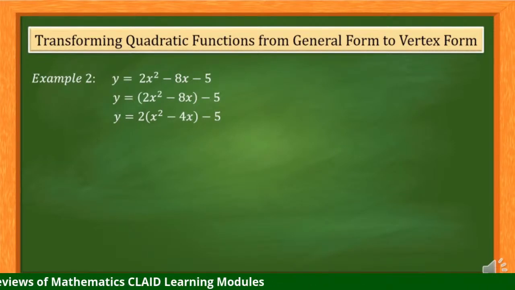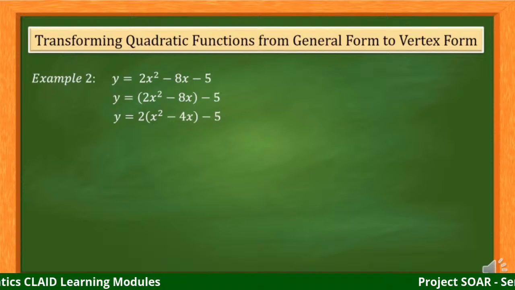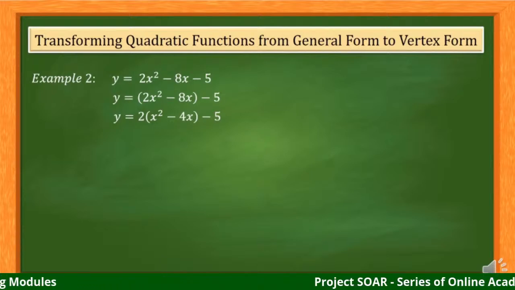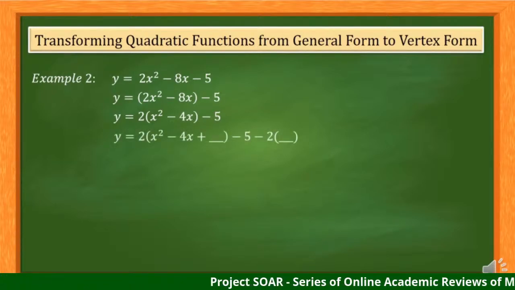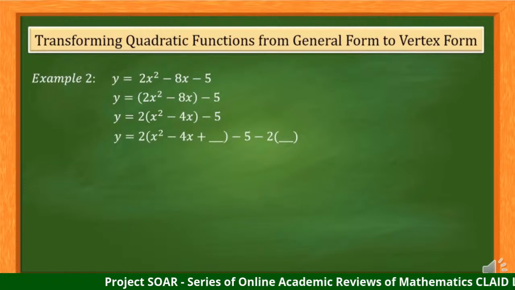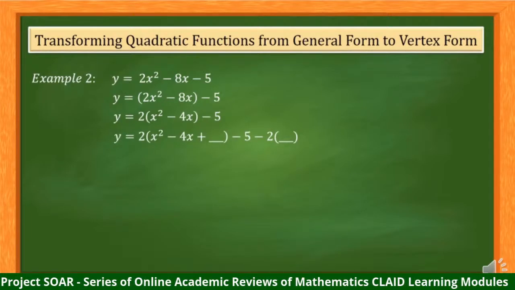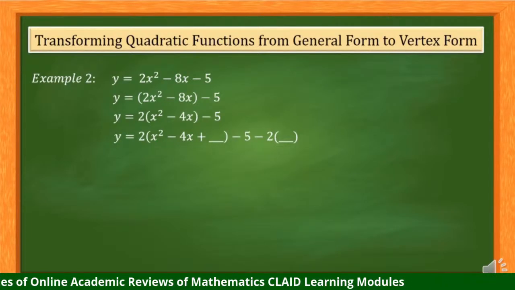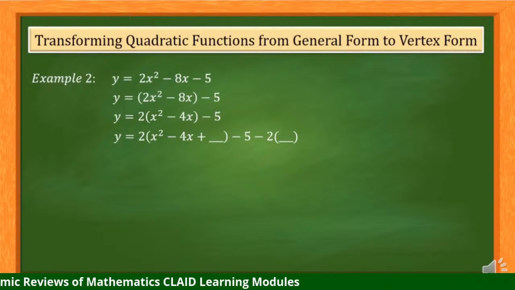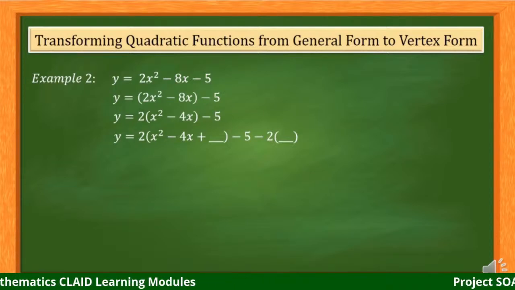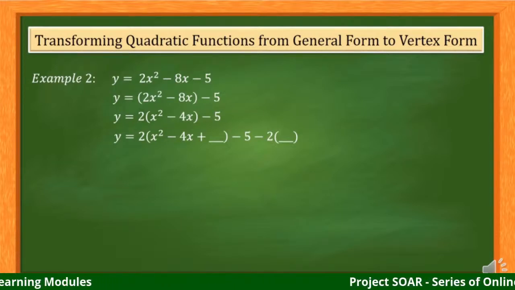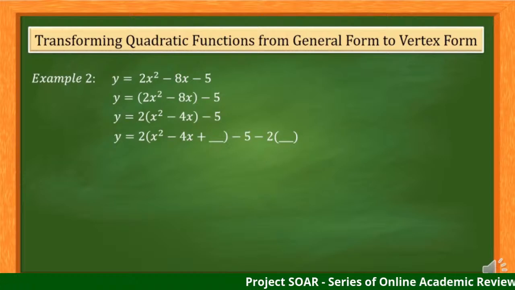Next step is gagawin nating perfect square trinomial yung nasa loob ng parentheses. So mag-iisip tayo ng value na i-add kay x squared minus 4x para maging perfect square trinomial. Then, since mag-add tayo dun sa expression na nasa loob ng parentheses, magbabawas naman tayo dun sa constant.